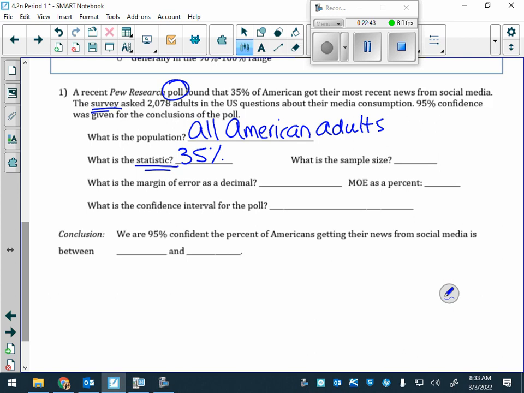What is the sample size? Everett? Good. Okay. So now we're going to figure out the margin of error. So you will need your calculator for this. So as a decimal, it's 1 over the square root of 2,078.